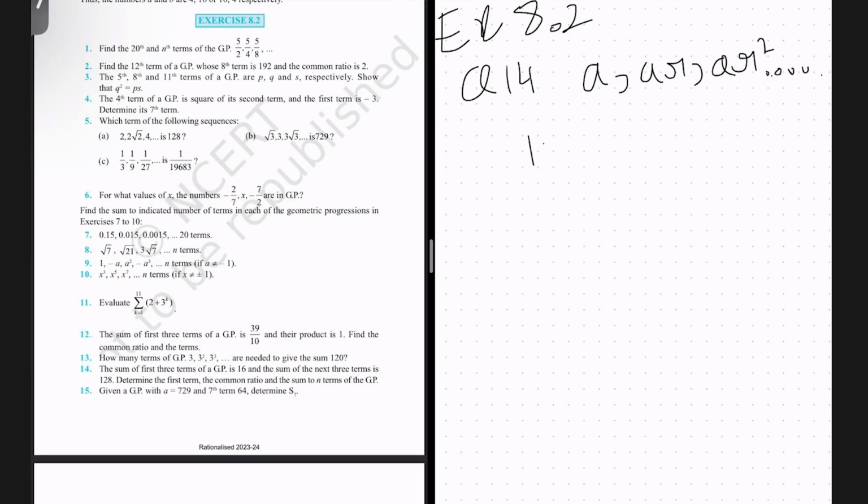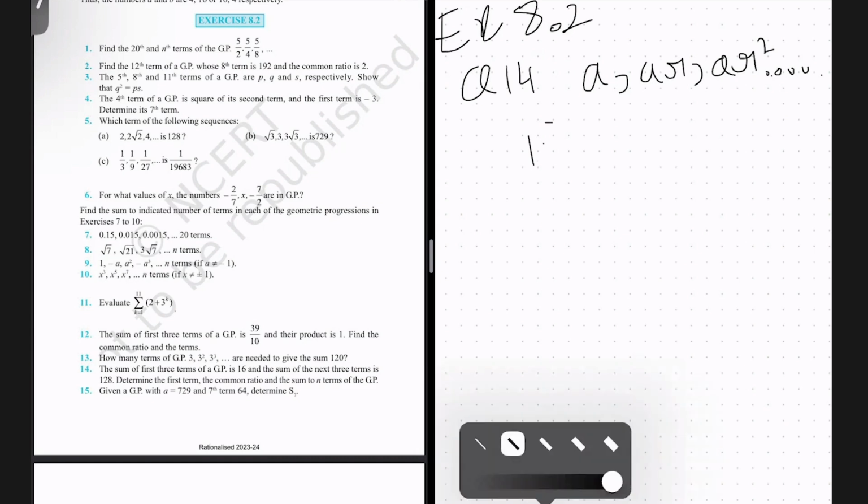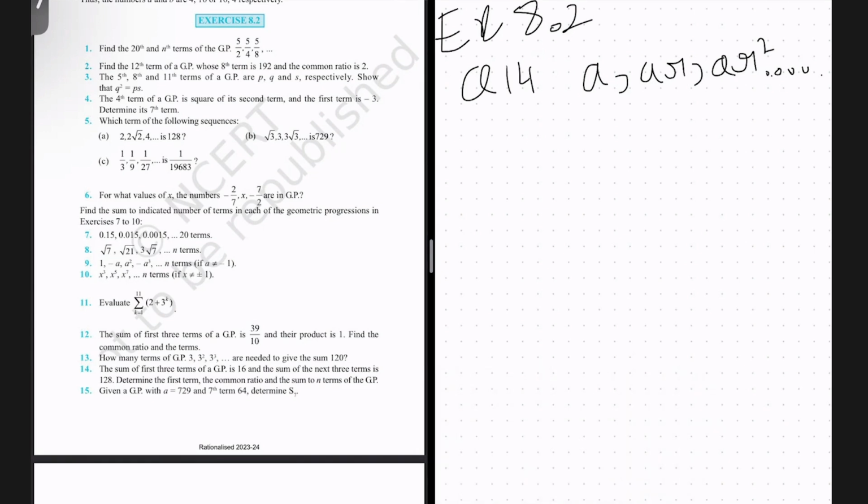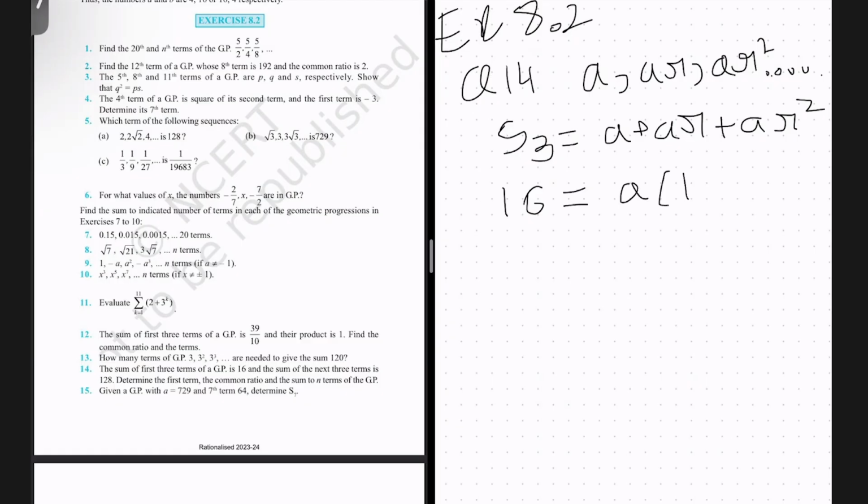So the sum of the first 3 terms, let us denote that by S of 3, is going to be nothing but a plus ar plus ar square. And that has been given to us as 16, right? Now I can take out a common from these 3 terms and express 16 as a times (1 plus r plus r square), right?